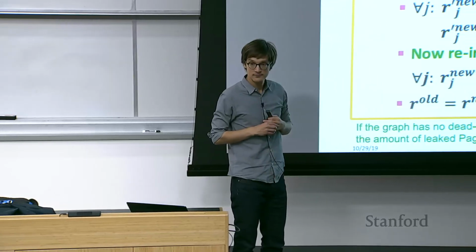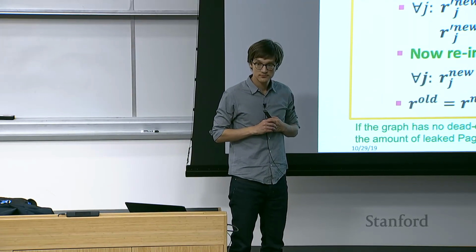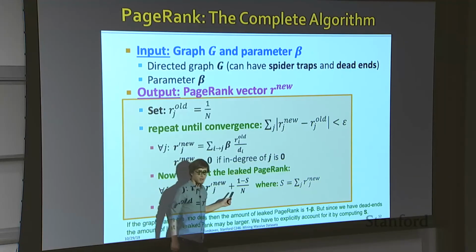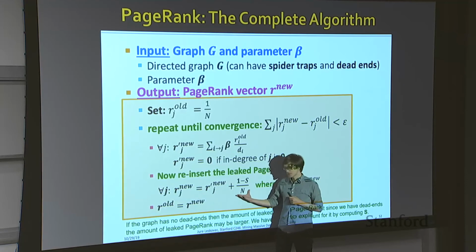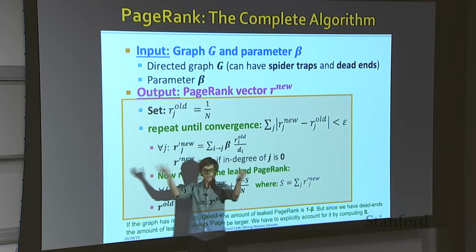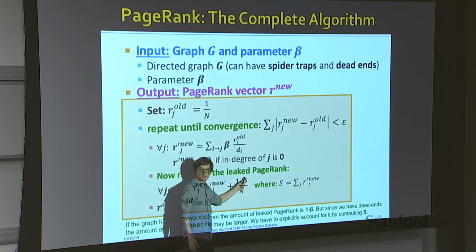Yes? Multiply the vector R new with a certain constant so that it adds up to 1 again, because here we give constant (1 minus S) over n to all the nodes. Do it proportionally? No, why do this? Because whenever I came to a dead end, I had to teleport. Where do I land? I land with equal probability everywhere.